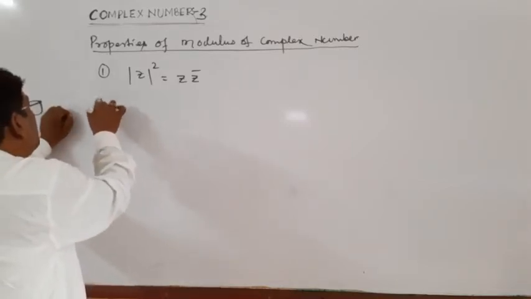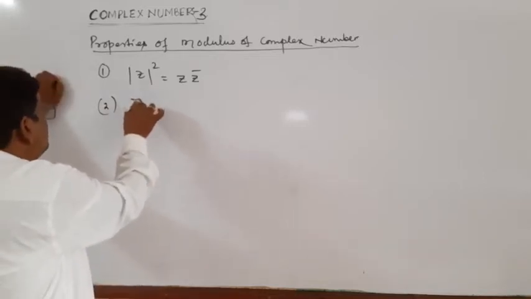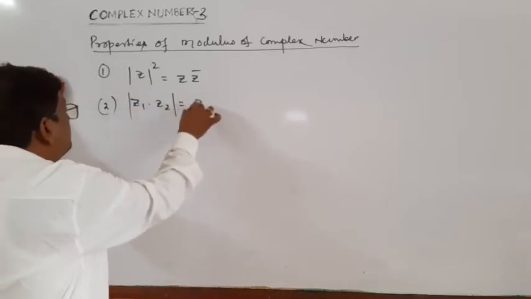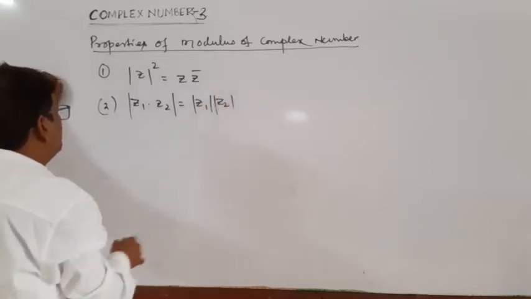Now property number 2: mod of z1 into z2 is equal to mod z1 into mod z2.